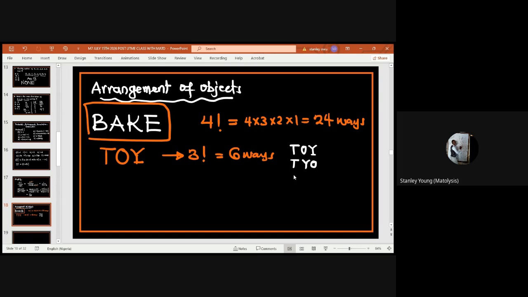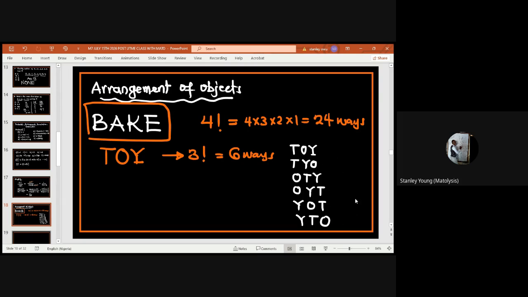Then I can also have O starting. If O starts, I can have OTY. I can also have OYT. I can have a case of Y starting. I can have YOT, and I can have YTO. Now, if you count all this together, do you agree that it aligns with the 6 that we got?